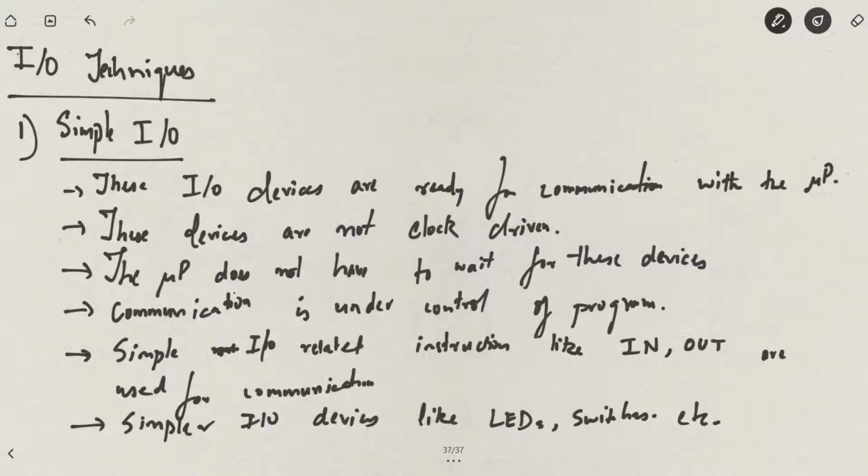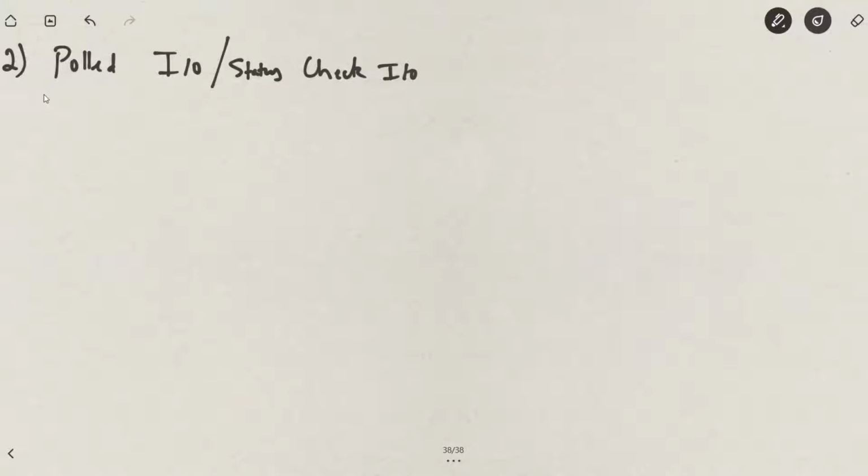The second I/O technique is polled I/O, also known as status check I/O. So what happens in this case is, say for example, this is your microprocessor 8085.